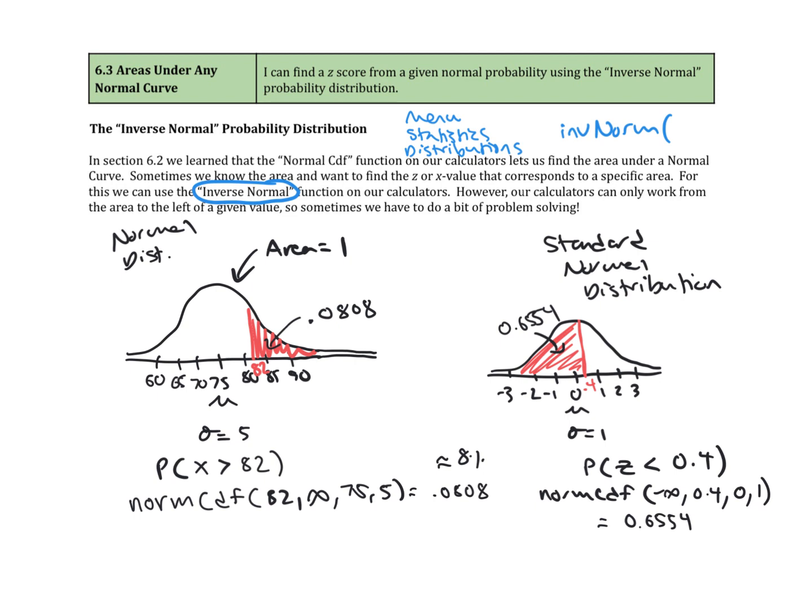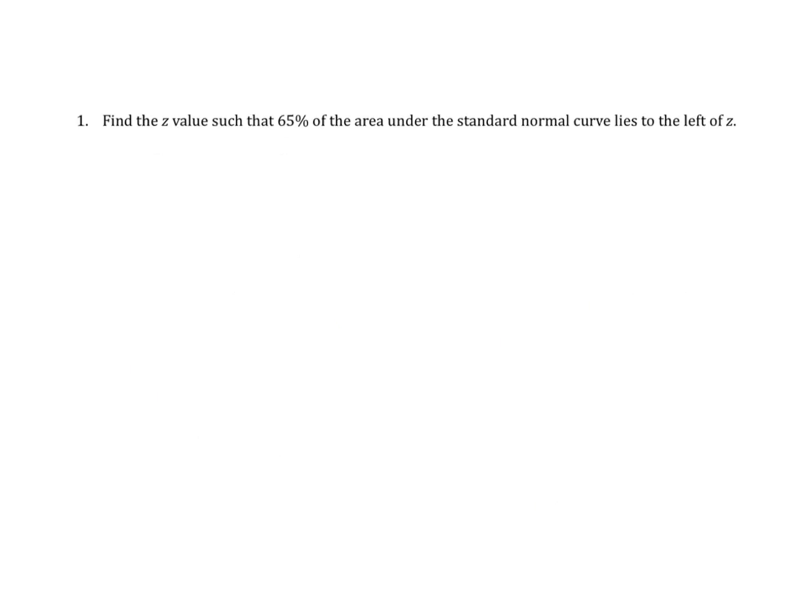It's going to ask you for the area right here. That's the first thing. And then it will have mu and the standard deviation. If it's a standard normal, those will be 0 and 1, or they could be the mean and standard deviation of the population. Let's take a look at an example.